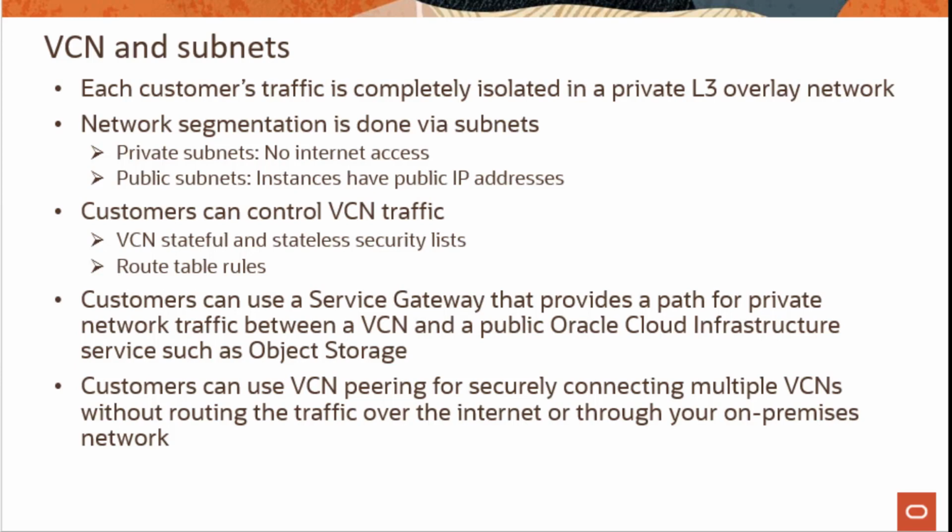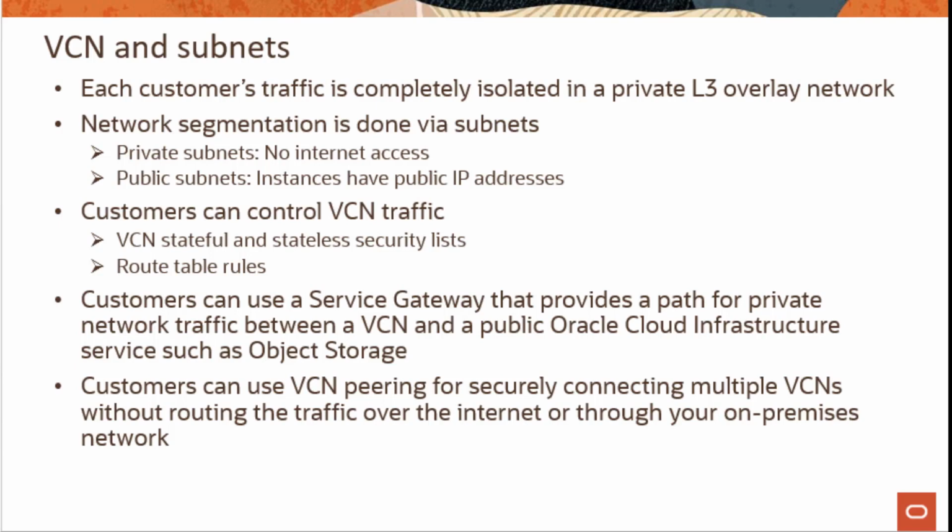Finally, compute instances that are deployed in virtual cloud network or VCNs by default cannot access each other. So as we mentioned, the virtual cloud networks are fully isolated, thus compute instances that are deployed within these VCNs are isolated from other compute instances.